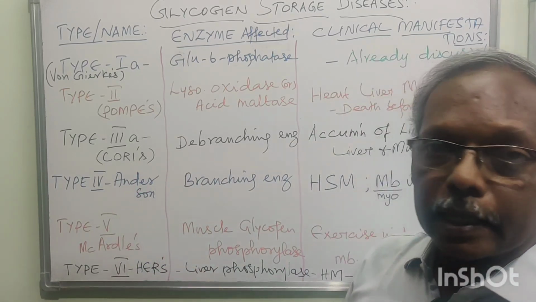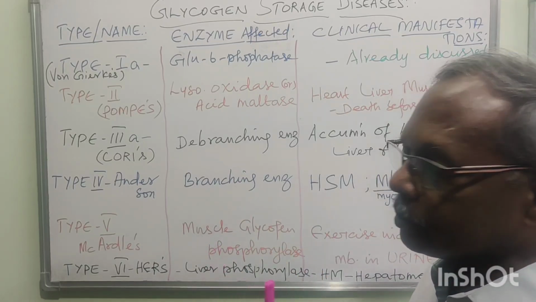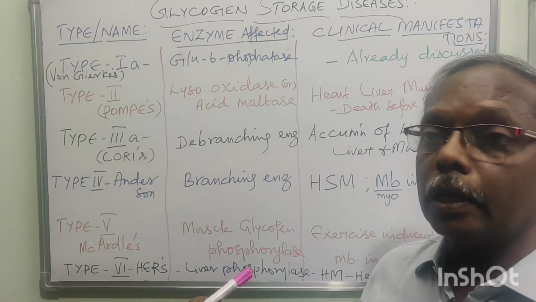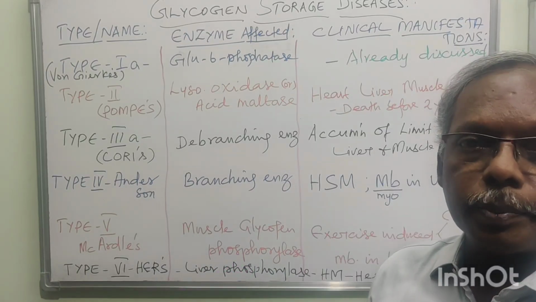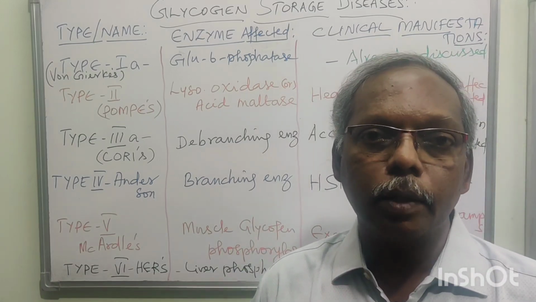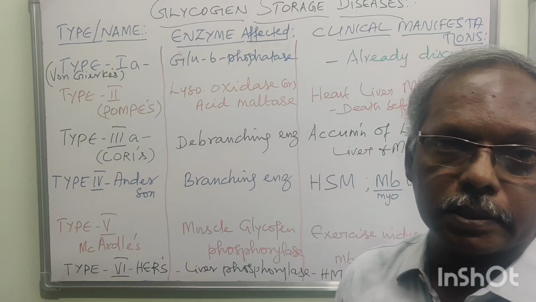Next one is McArdle's. Here the problem is muscle phosphorylase, or some books say muscle glycogen phosphorylase. In your MCQ or university pattern, you should read the name carefully. Muscle glycogen phosphorylase is the defective enzyme in McArdle's disease.